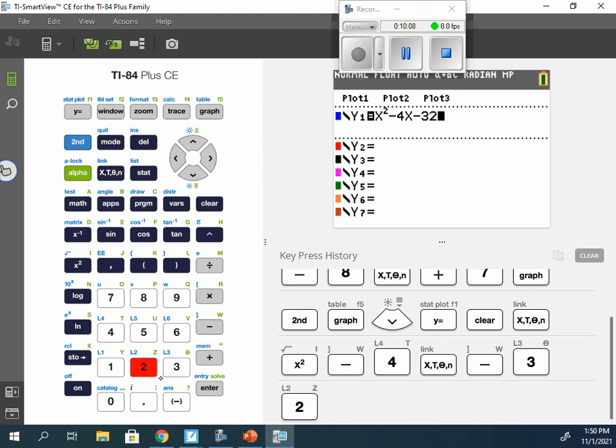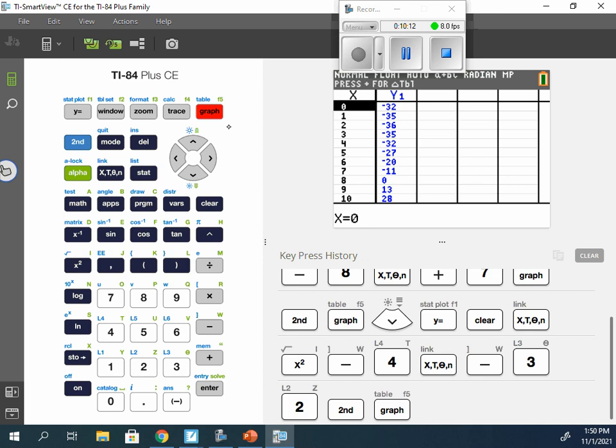And once we get it typed into the graphing calculator, we can hit graph or second table. And as we can see here, when x is 8, the value of y is 0. That is one of the solutions.